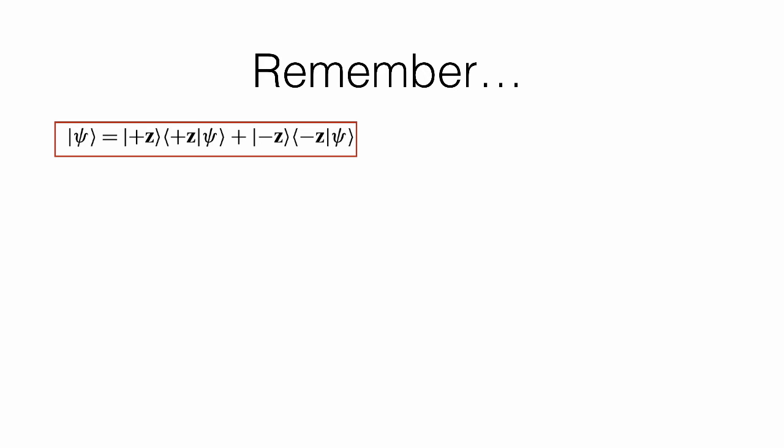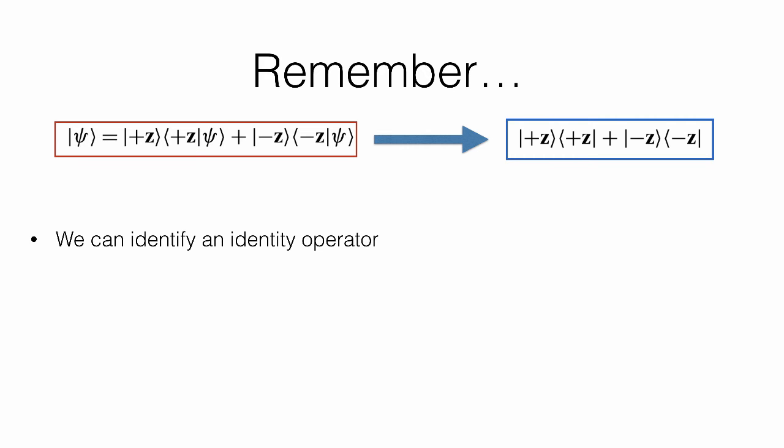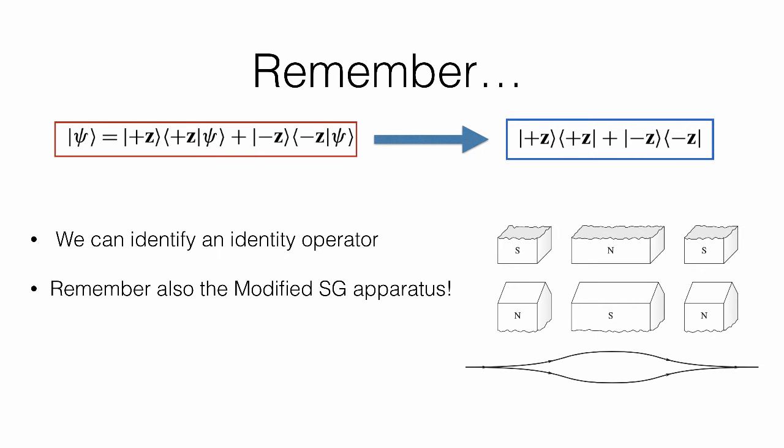So we've done that. But one thing that we can also do is to find that if we use the operator in the blue box there, which is obtained just by building with the bras and the kets plus z and minus z, and we apply that operator to psi, we would exactly get the red box. In other words, that operator is the identity operator.